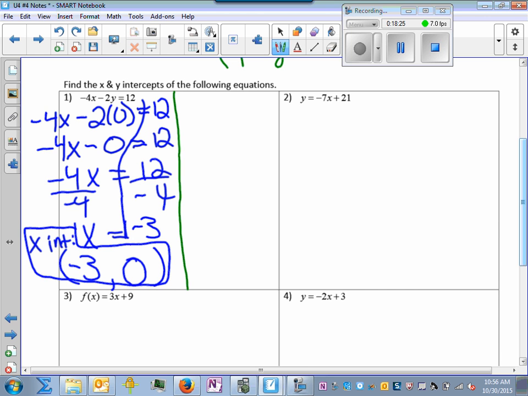Now, I'm going to do my y. To get my y, I have to make my x 0. So I have negative 4 times 0 minus 2y equals 12. So what is negative 4 times 0? Negative 4 times 0 is 0, minus 2y equals 12. What is 0 minus 2y? Not 2y.